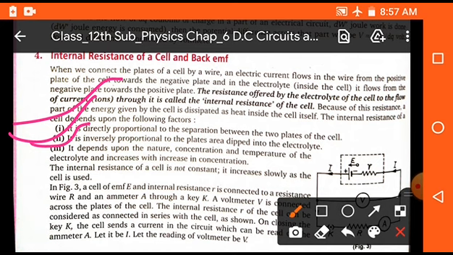It means that the thickness of the plates which are dipped inside the electrolyte is inversely proportional to the internal resistance. If plates are thick, the internal resistance will be minimum. Third, it depends upon the nature, concentration and temperature of the electrolyte. These are the points on which the internal resistance of a cell depends.